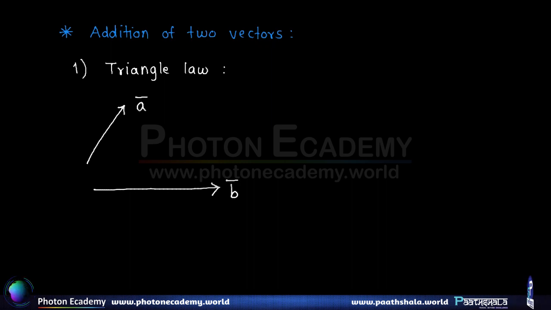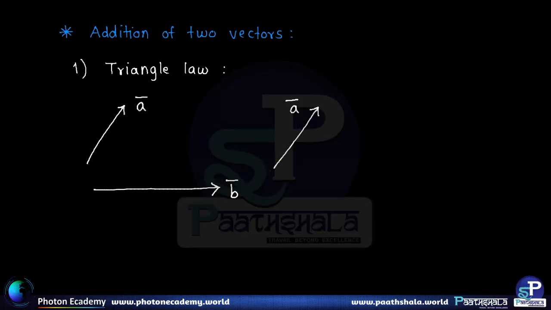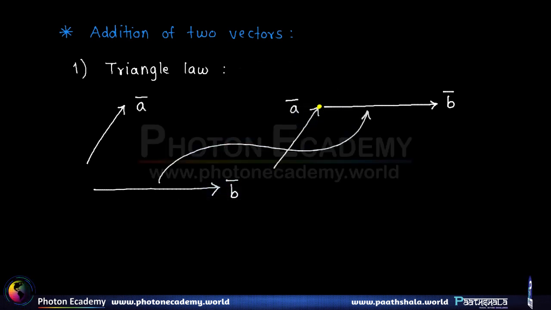Now to use the triangle law, first of all, let us draw one of the vectors, say a bar, like this, and wherever the first vector ends, that is called the terminal point. From there we will draw the second vector, of course parallel to itself. So a bar and b bar being free vectors, I can shift b bar to a line parallel to itself.